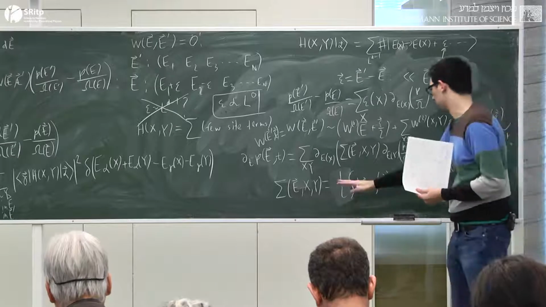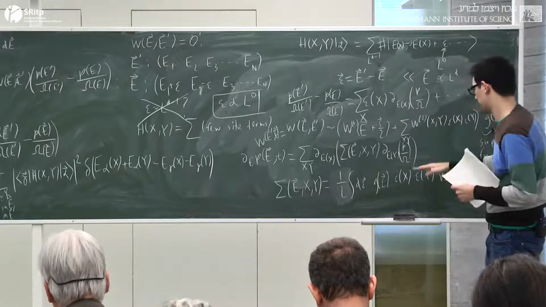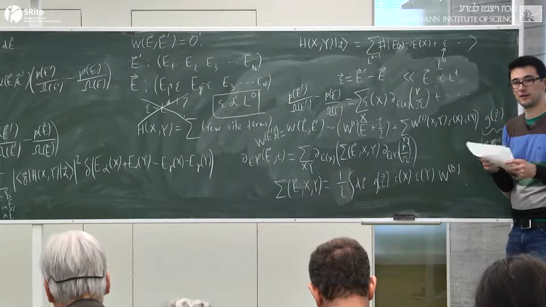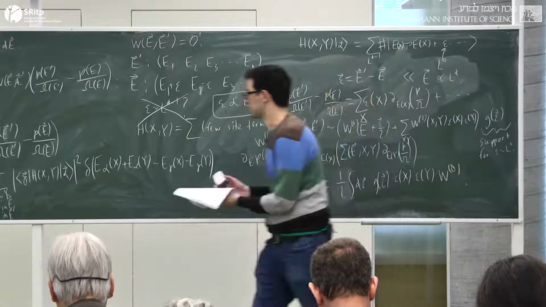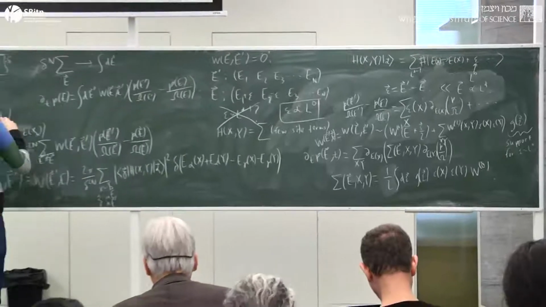The transition rates are roughly given by the fluctuations in energy. Okay. And now we're almost to the hydrodynamic equations.